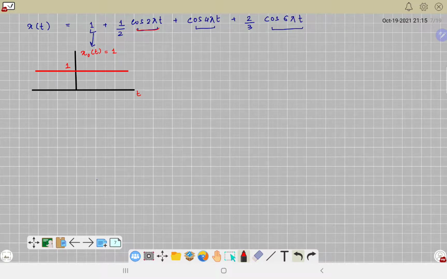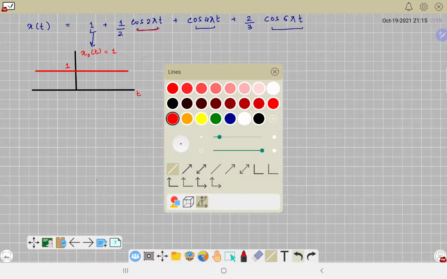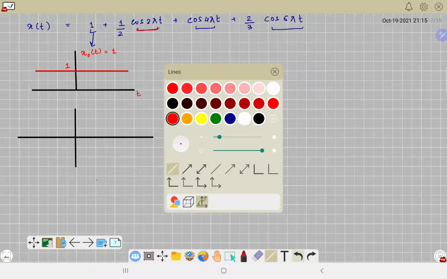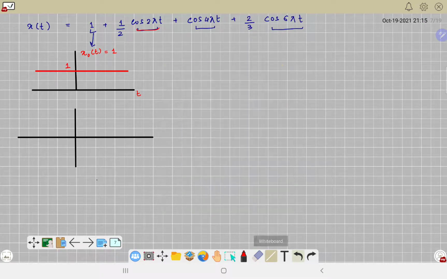Then the second signal is your pure cosine signal. But its amplitude is scaled by 1 by 2. So it will be something like this. Let me use red, that is fine.